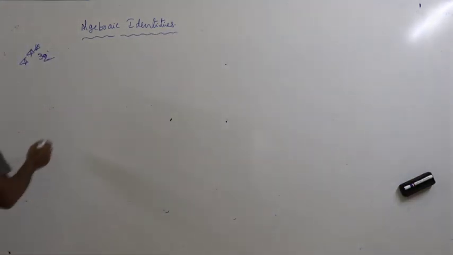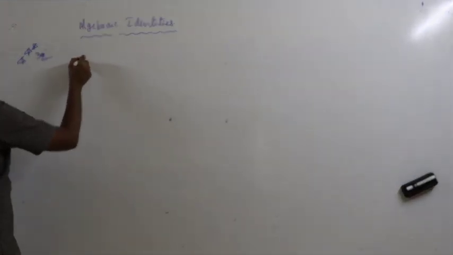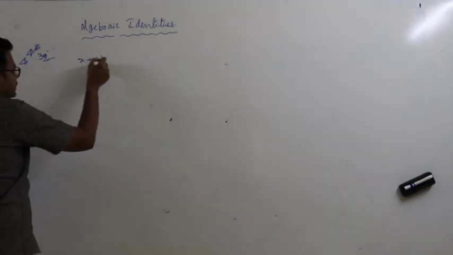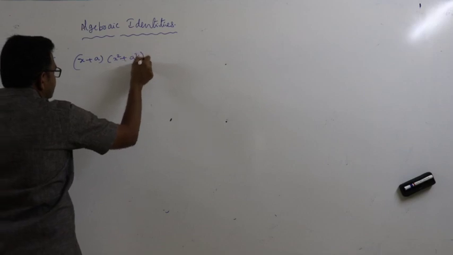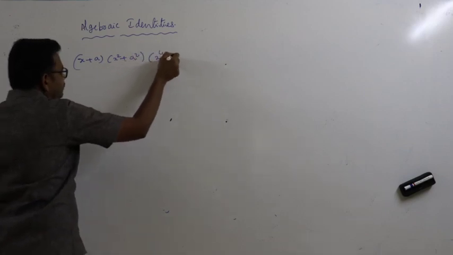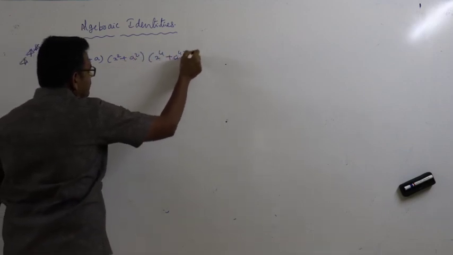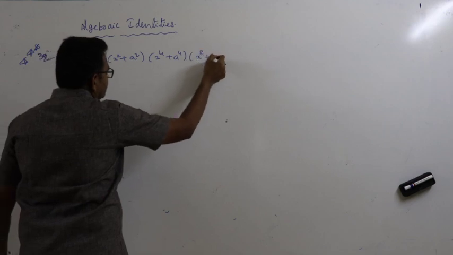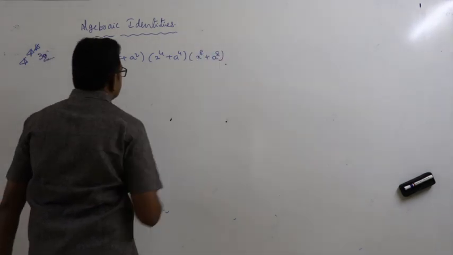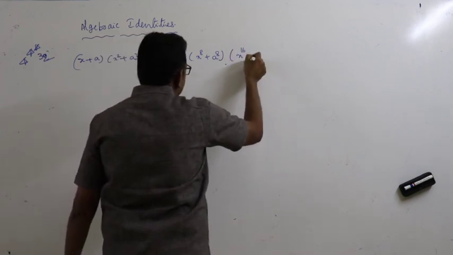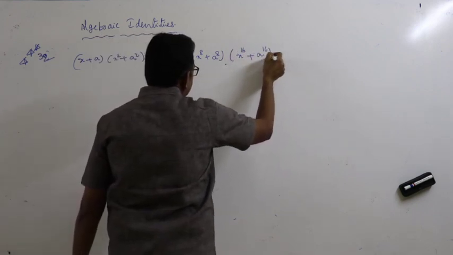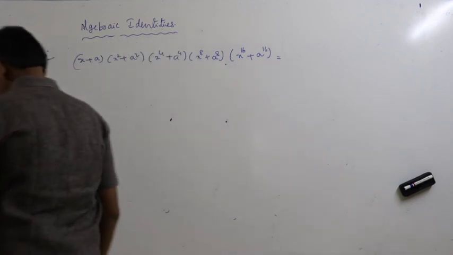Next one, x plus a into x square plus a square, x power 4 plus a power 4, x power 8 plus a to the power of 8 into x power 16 plus a to the power of 16 equal to.